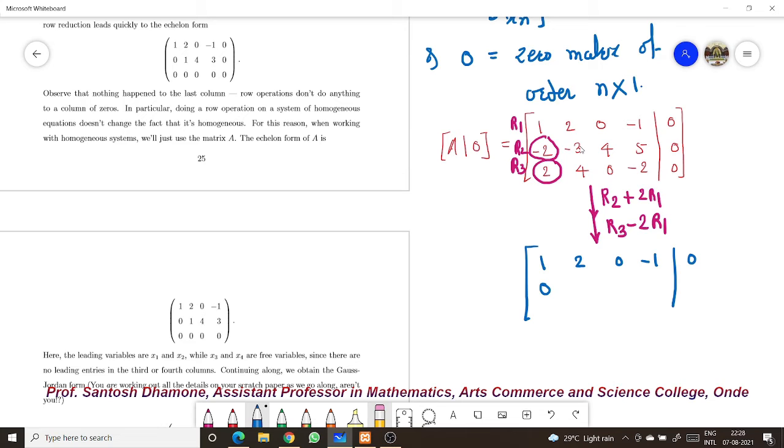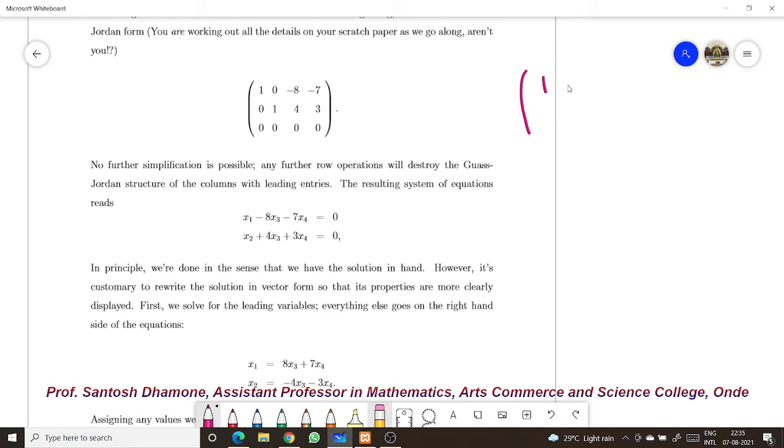The resulting system of equations reads, okay, what we get: the last matrix, 1 0 minus 8 minus 7, 0 1 4 3, 0 0 0 0, into matrix X. We write X is equal to 0 form. We get the matrix X1 X2 X3 X4 is equal to 0.